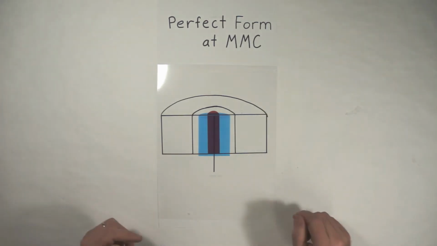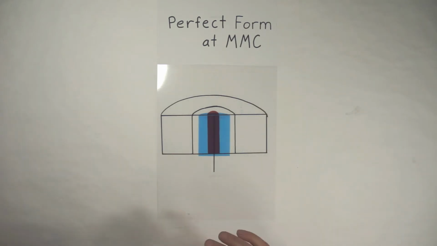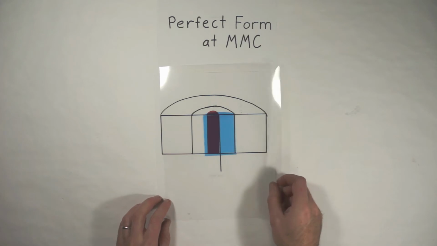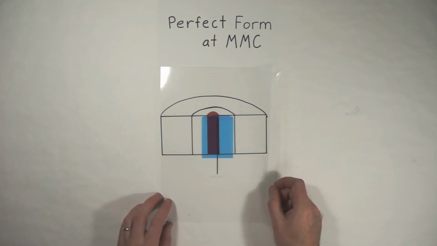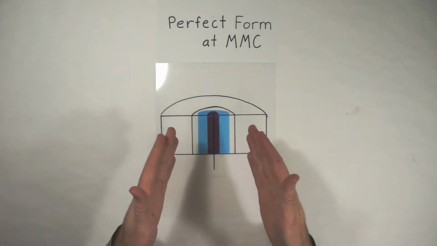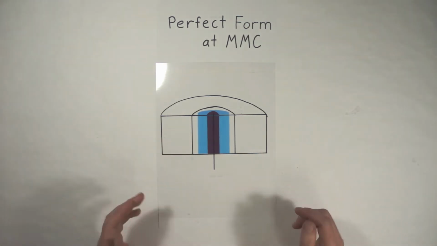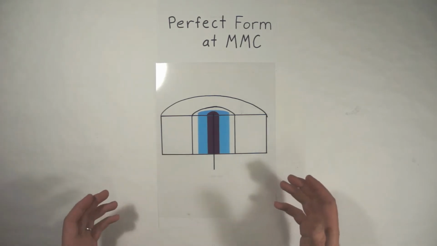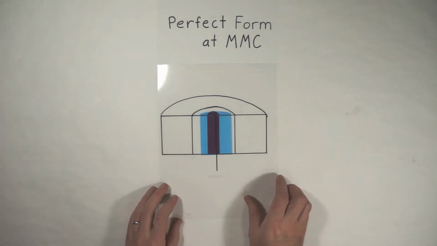And that may be confusing, but it's way simpler than the description of the text inside the standard, in my humble opinion. Basically what it says is when your pin gets to the biggest size that it can be, it has to have perfect form. It has to be perfectly straight. It can't be bent like a banana.